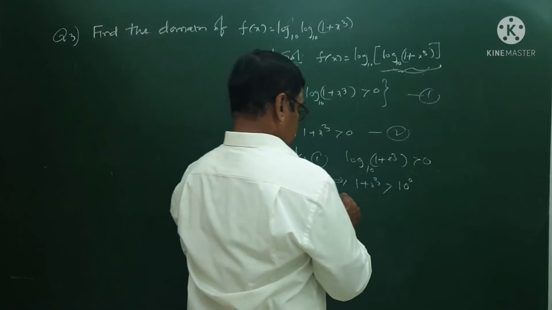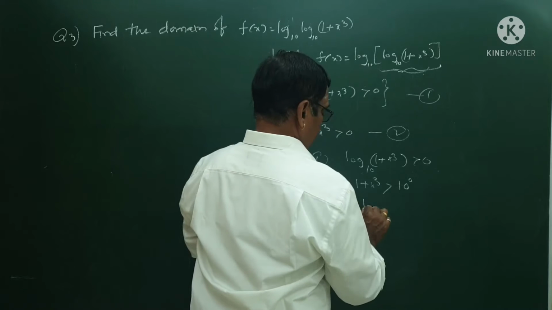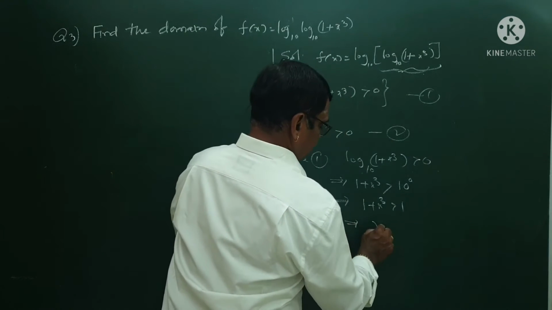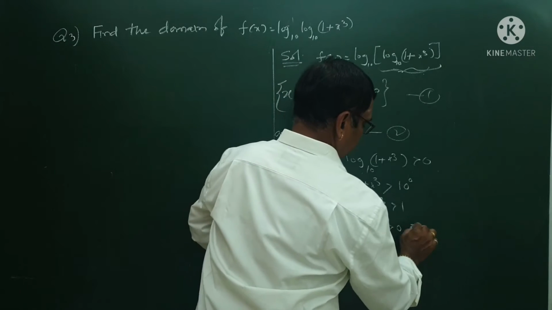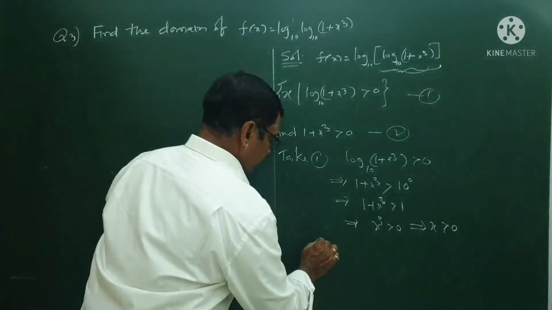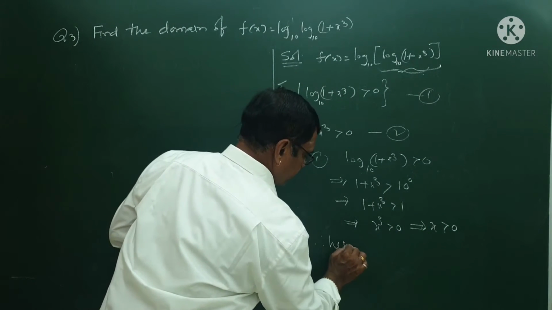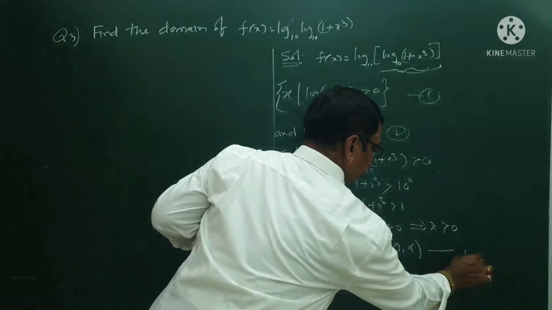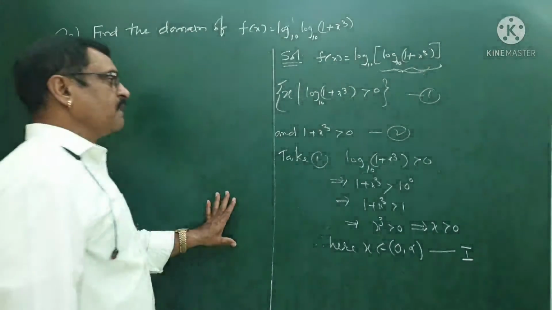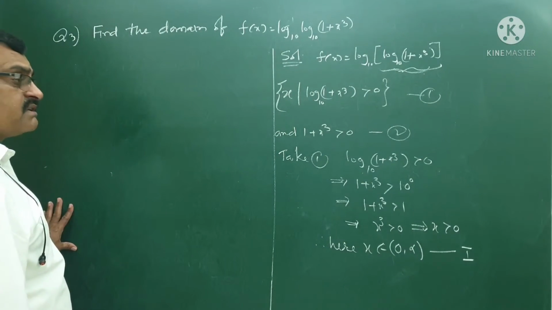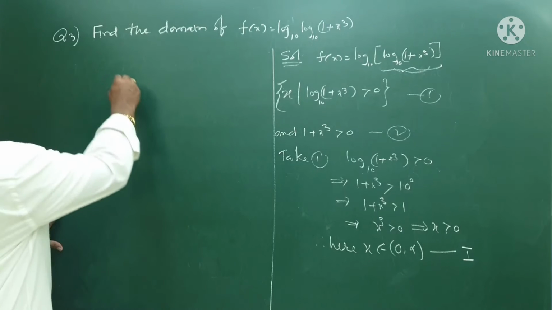Okay. So here this implies 1 plus x cubed is more than 1, or x cubed is more than 0. This implies x is more than 0. So here we got x belongs to (0, infinity). Number 1. Number 2. Come to second one. 1 plus x cubed is greater than 0.